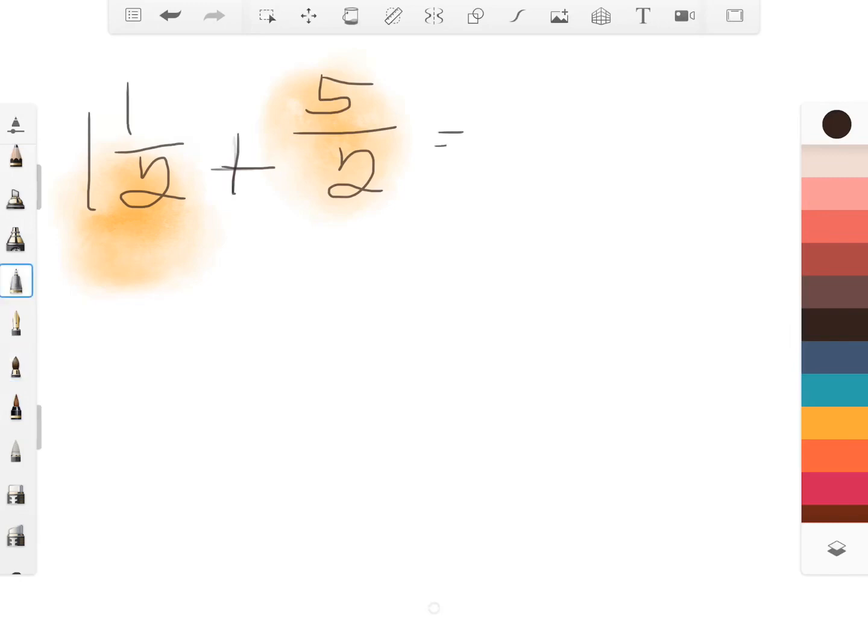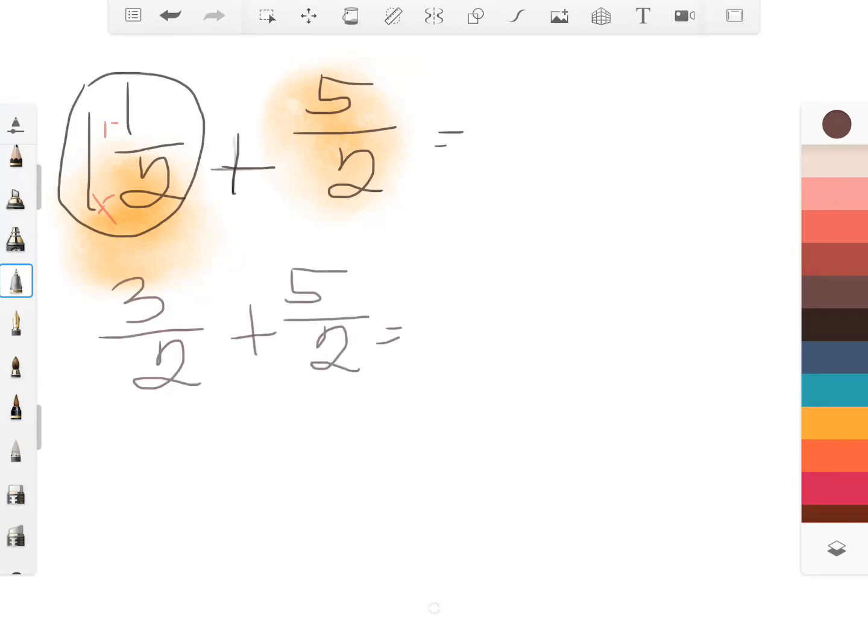Actually, what I do on this one is turn this mixed number into a fraction. So 2 times 1 is 2, plus 1 is 3. So this would be 3/2 plus 5/2.